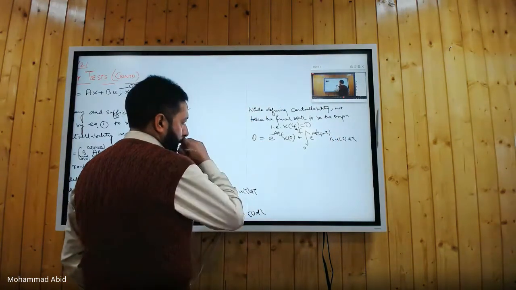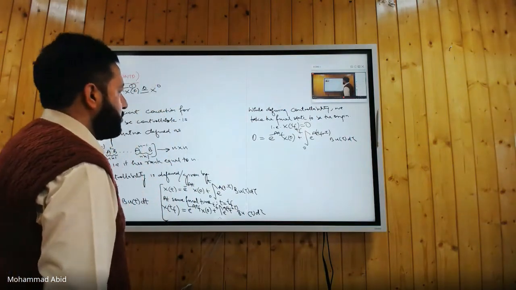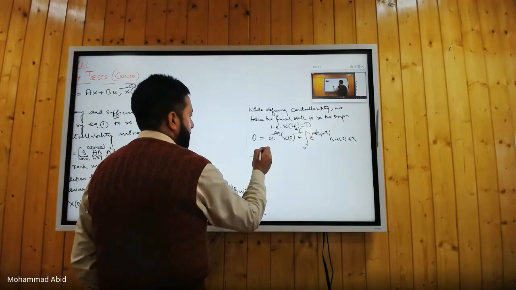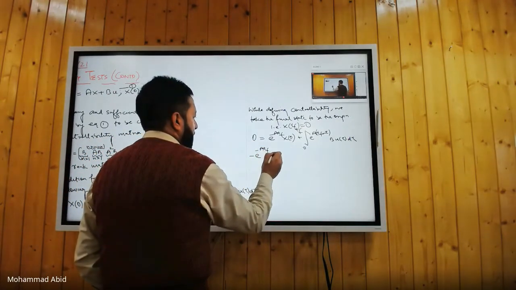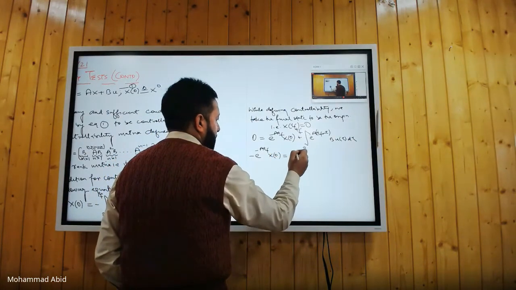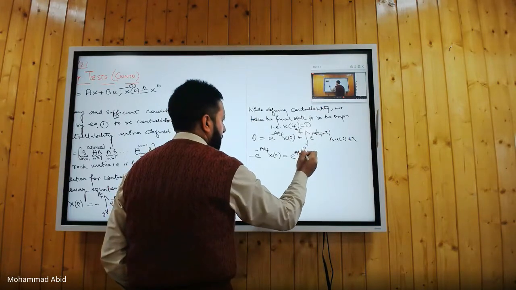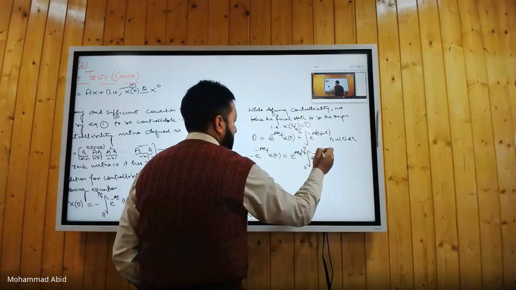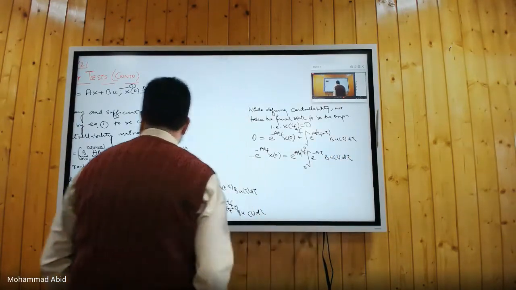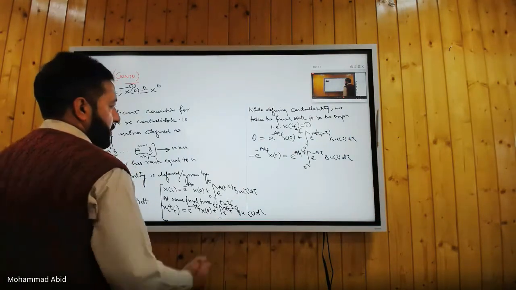Or I can write, if I take this term on this side, what do I get? I get minus e to the power A tf x naught is equal to e to the power A tf, which I can take out here, times integral from 0 to tf of e to the power minus A tau B u(tau) d tau. I'm again refreshing where this equation has come from.